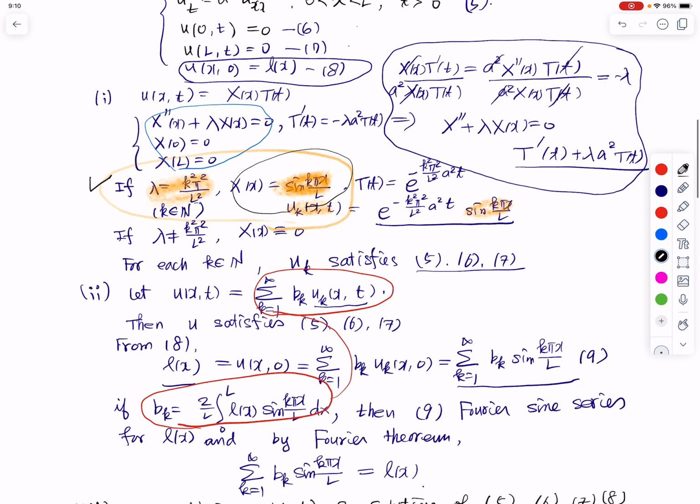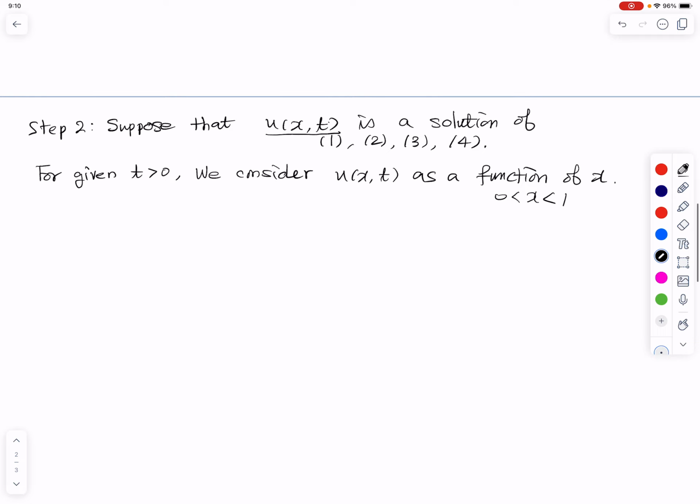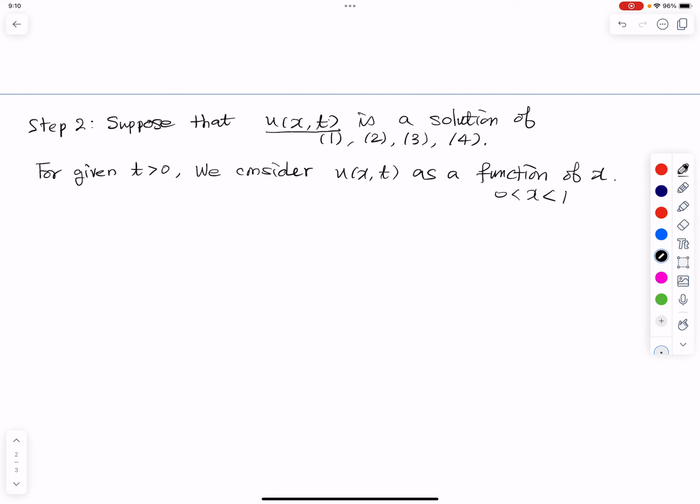So then we have the Fourier sine series. Here this is the most important. And then we expand u(x,t) using the Fourier sine series.